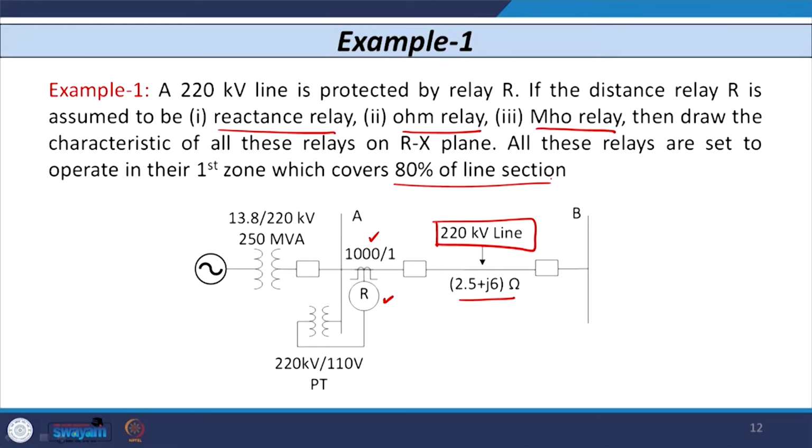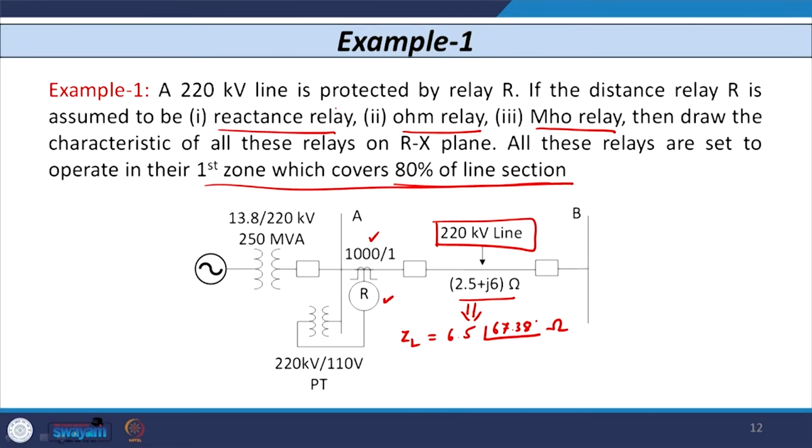The line impedance is given as 2.5 + j6 ohm. If I convert this value into polar form, it comes out to be 6.5 at an angle of 67.38 degrees, in ohm. So, this is your line impedance. Now, it is given that the first zone of the relay, for any type of characteristic, covers 80%.